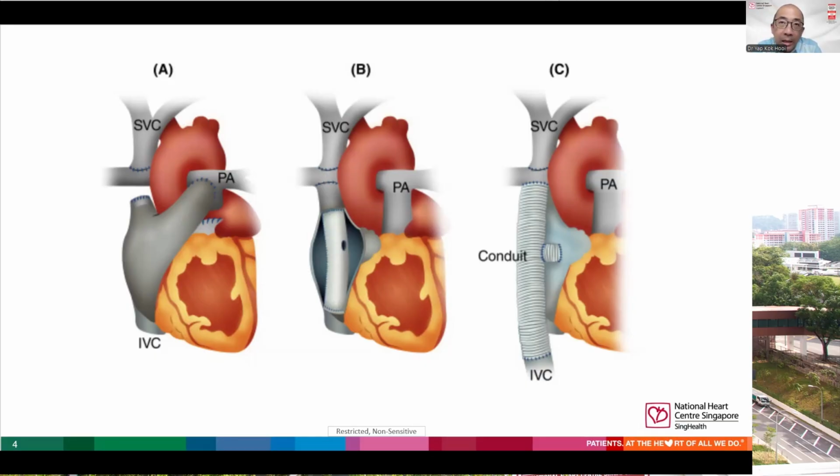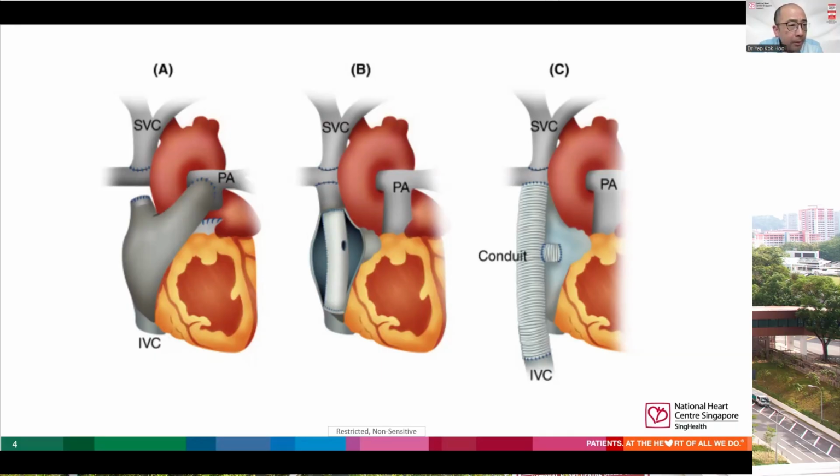The first one is done within weeks after the baby is born. The second one is done at 4 to 6 months. The third, final one is done at about 3 to 4 years. After that, the patient needs lifelong follow-up. Some of the patients will eventually need a transplant. So this is one of the most complex heart operations that we have to do.